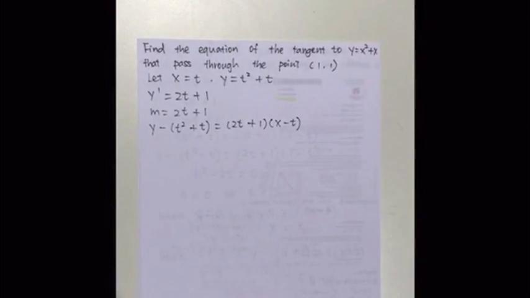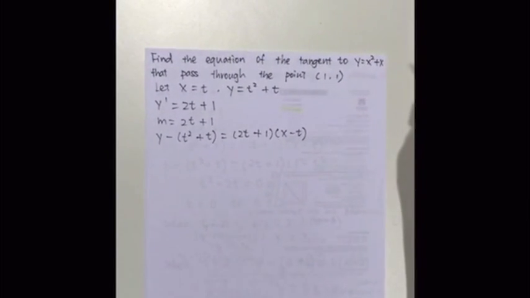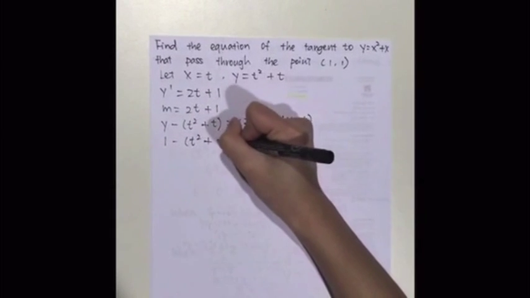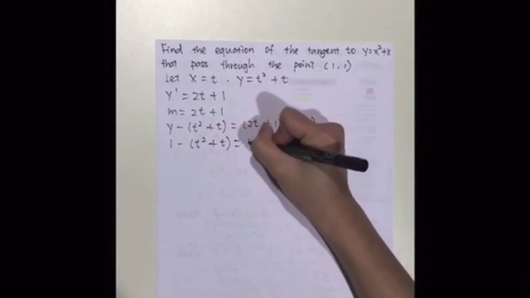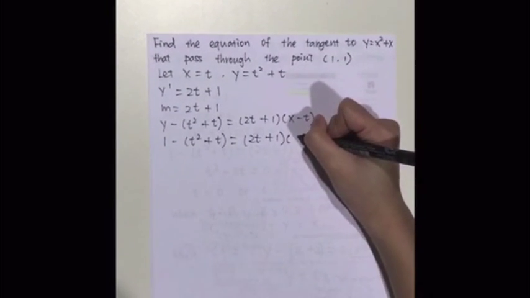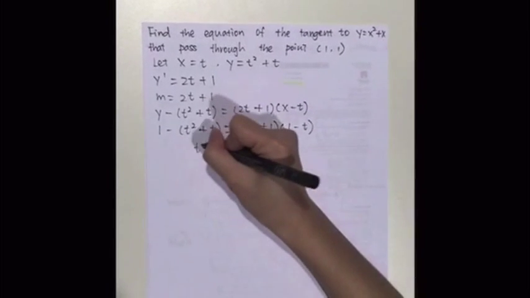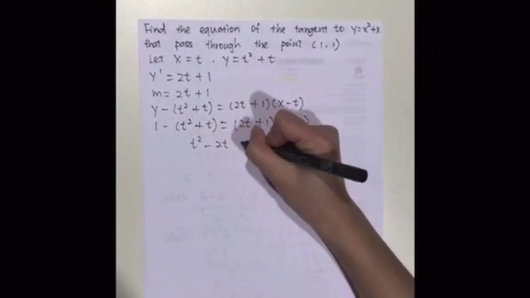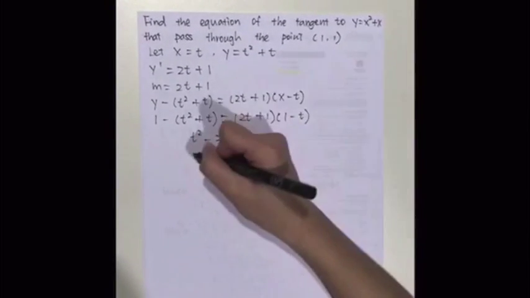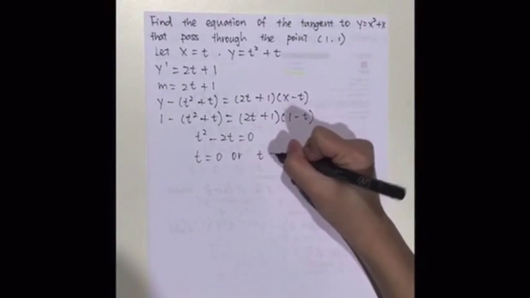Because the tangent passes through the point (1, 1), the function becomes 1 minus (t squared plus t) equals (2t plus 1) times (1 minus t). So t squared minus 2t equals 0. And t will equal 0 or t equals 2.